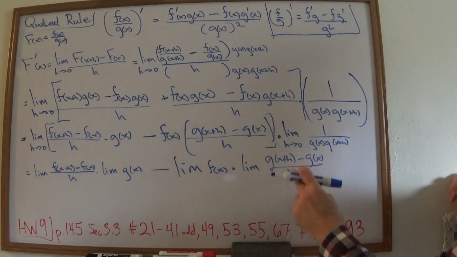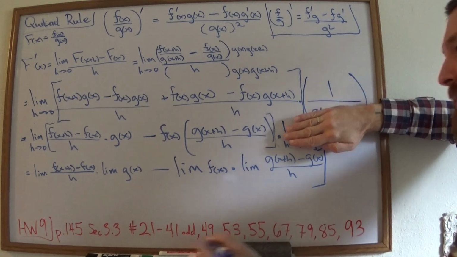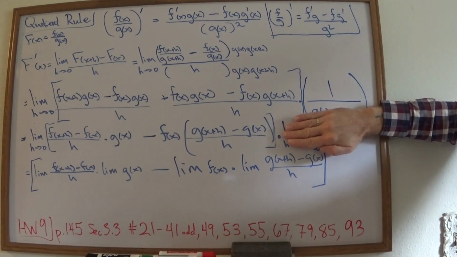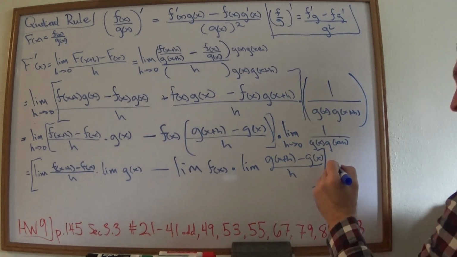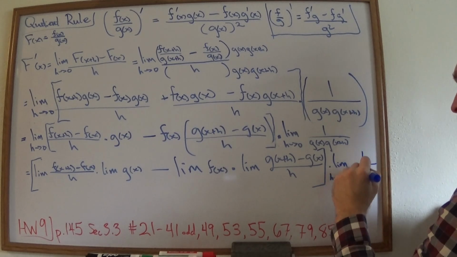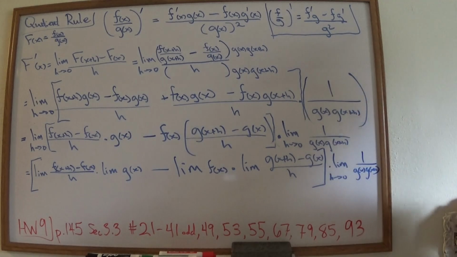So that is all of this right here, all of that right there. So that's times the limit as h goes to 0 of 1 over g of x plus h.